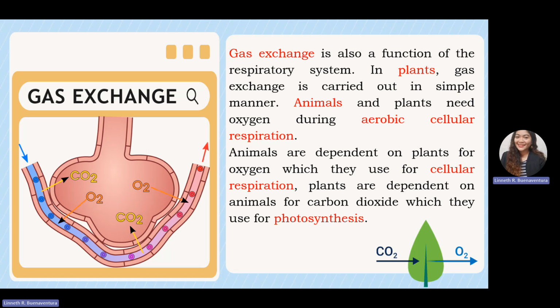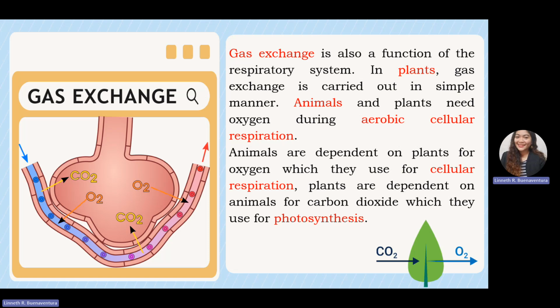Animals are very dependent on plants because plants produce oxygen as a byproduct for us to perform cellular respiration within our body, to break down glucose and create chemical energy known as ATP, or adenosine triphosphate.